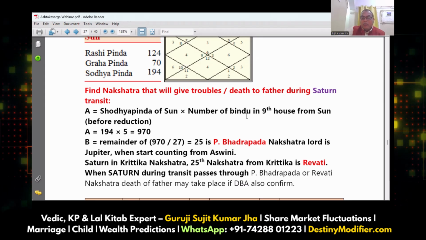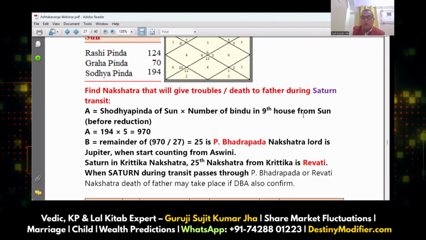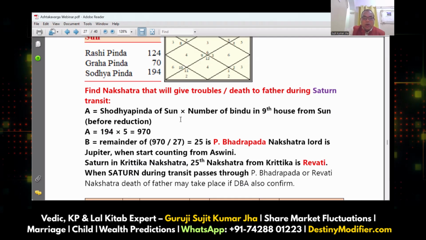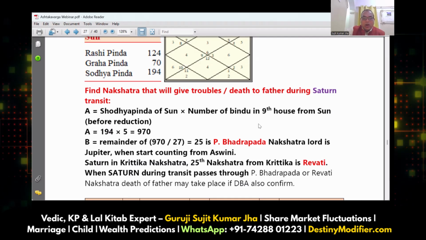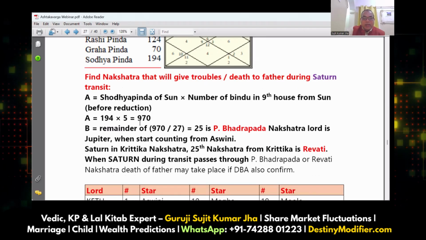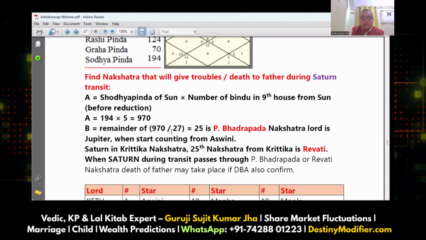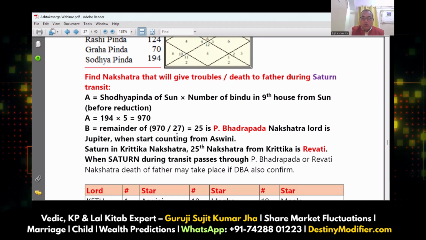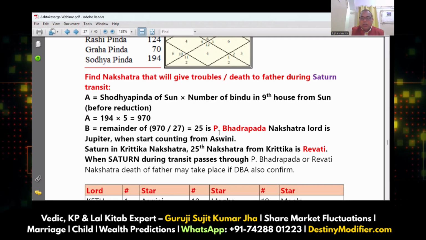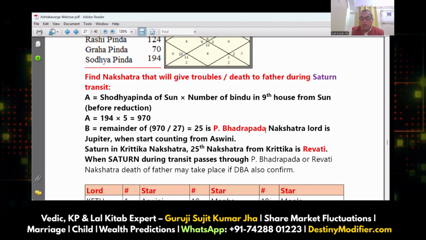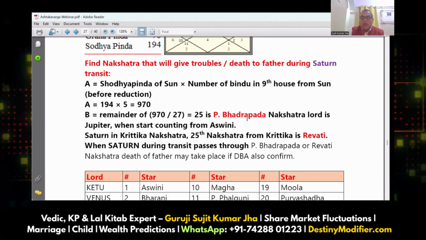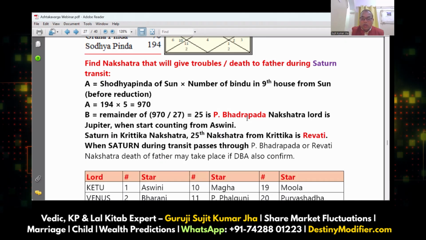Then multiply by the number of bindu in the ninth house from the Sun. So A is the Sodh Pinda of the Sun, 194, the ninth house has 5 points, so 970. Then 970 divided by 27. What is the remainder? 25. If we count nakshatra from Ashwini, the 25th nakshatra is Purva Bhadrapada. What does it mean? When Saturn transits to this nakshatra, further affliction will come.